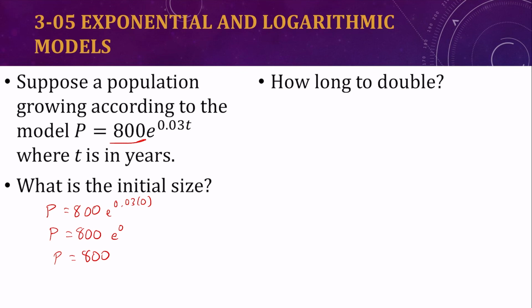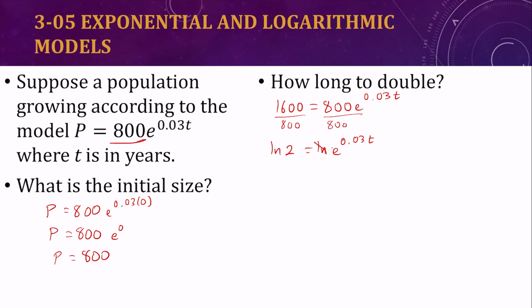And how long does it take to double? Well, if it started with 800, when we double, we'll have 1600. So we'll let p be 1600. To solve, we'll get the exponential part by itself first. So 1600 divided by 800 is 2. And so now we have this nice little exponential equation. To get rid of the base e, we have to do the opposite. So the opposite is a logarithm.